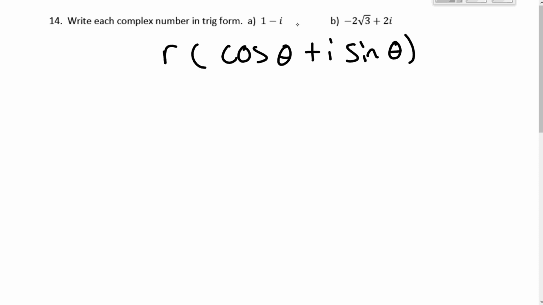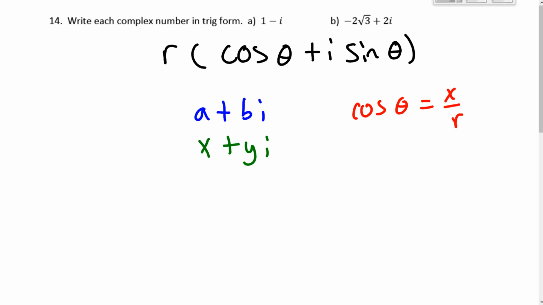And so here we have a complex number. Complex numbers are in the form of a plus bi, or you could even put it in the form x plus yi. It doesn't really matter, but we're used to a plus bi, but you can do x and y. And remember, cosine of theta is equal to x over r, but if we're on the unit circle, our r is equal to 1.